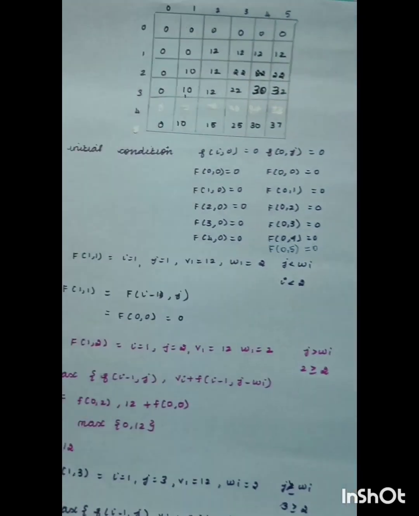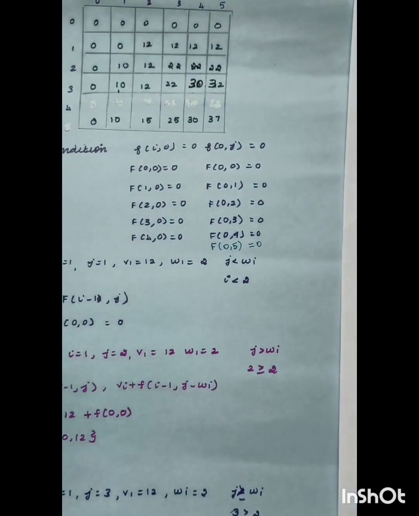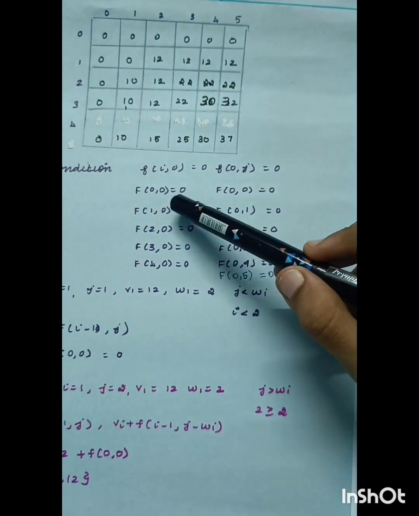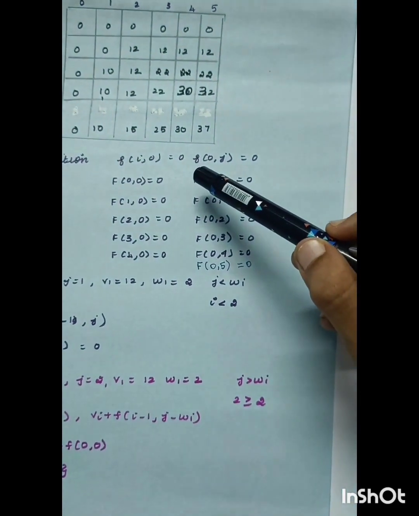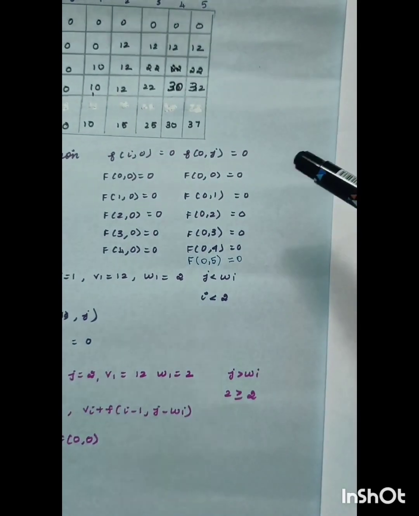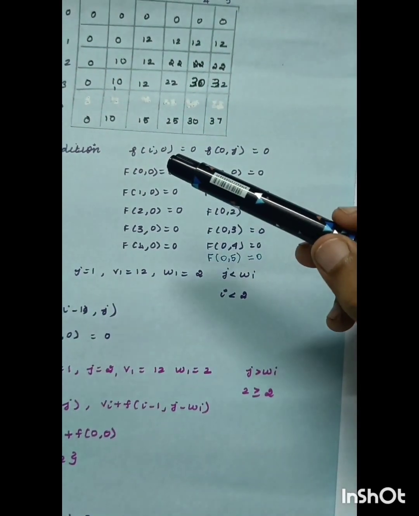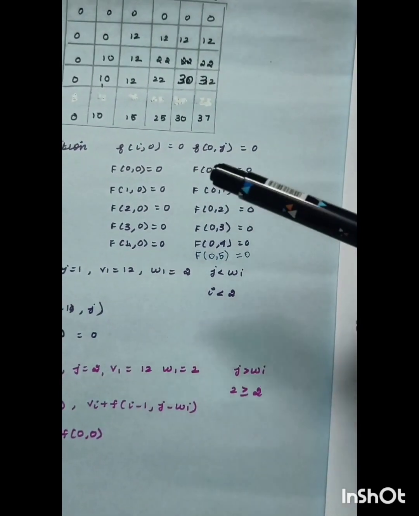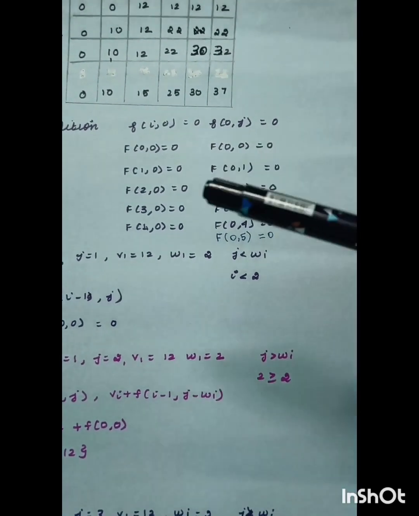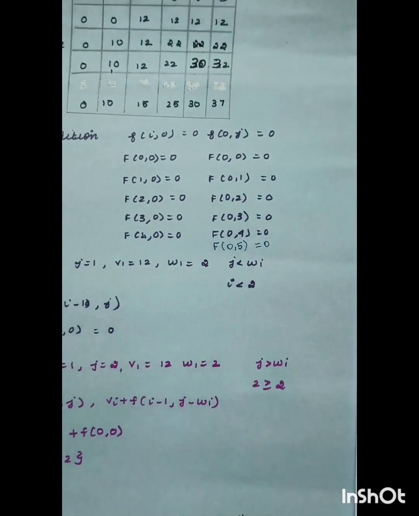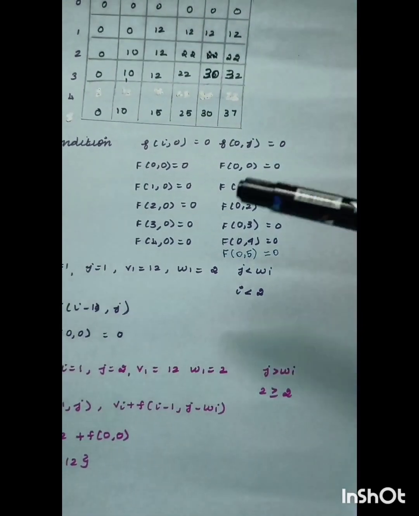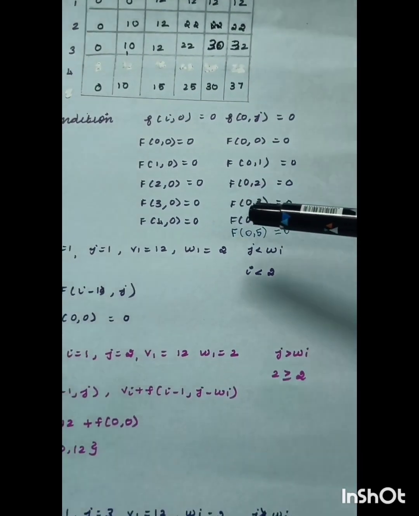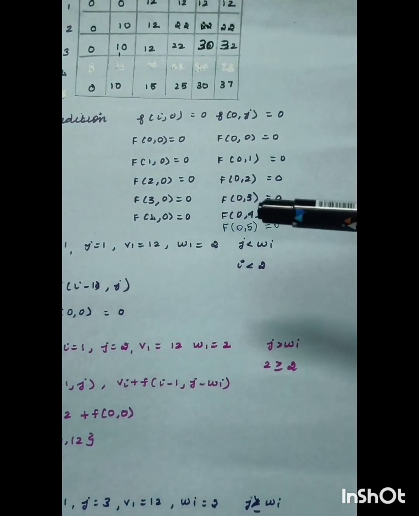We have to use the first formula to fill the matrix. f of i, 0 equal to 0 and f of 0, j equal to 0, where i is from 0 to 4 and j is from 0 to 5. So f of 0, 0 equal to 0, f of 1, 0 equal to 0, f of 2, 0 equal to 0, f of 3, 0 equal to 0, f of 4, 0 equal to 0.